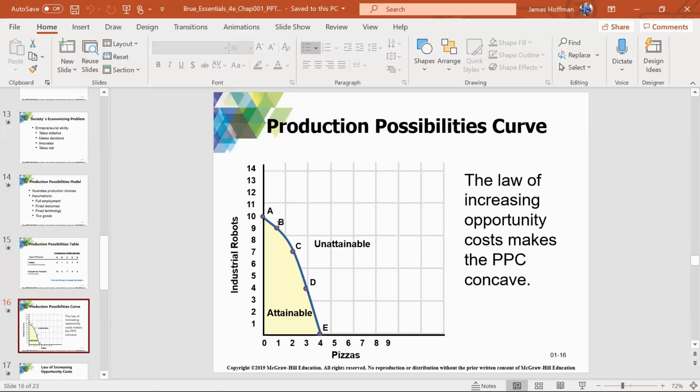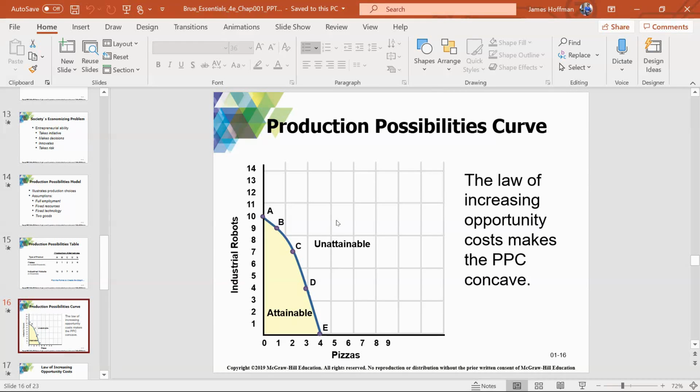all of the points A, B, C, D, E are when the economy is maximizing its potential. If it's using all its resources 100% efficiently, any of those points are possible. The points below the curve are attainable, but that would be inefficient, and anything beyond the curve is currently unattainable.